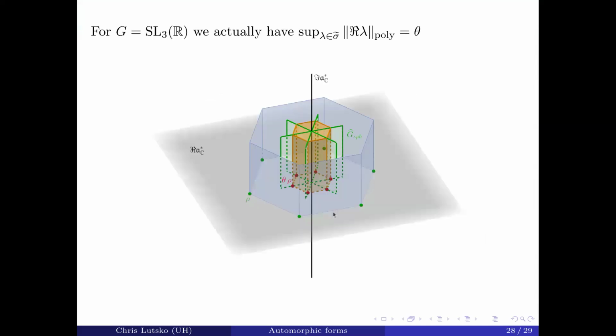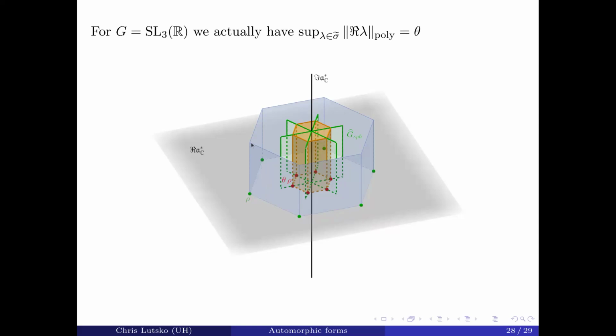Let me just summarize what we went over in the second half. If we think about just SL3R, then the spectrum lives on two copies of C. The spectrum will live in this real polygon, which is just the convex hull of rho.